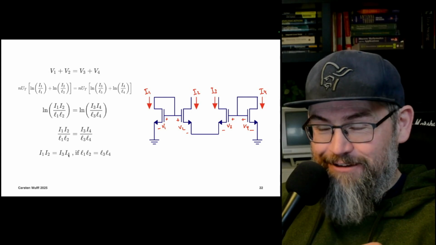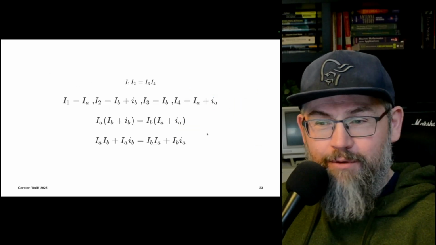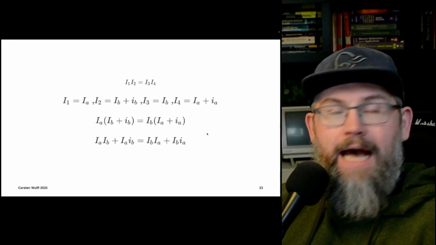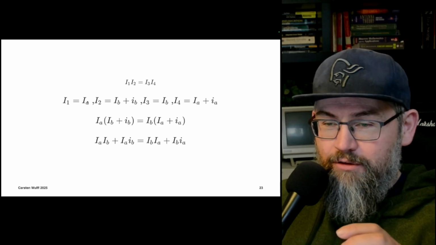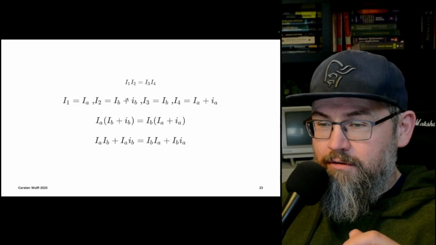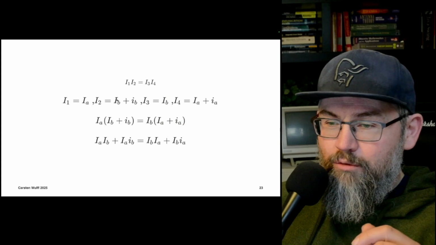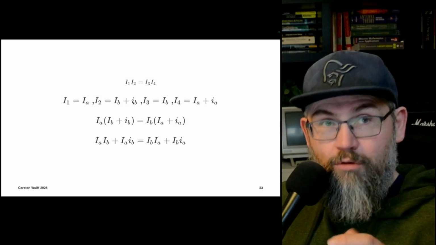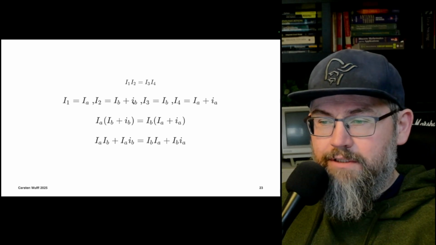So let's take that equation and see what happens when we add an input current and an output current. In this case, I'm renaming. So call I1 just IA. I2, so that's my I2 here, let's call that IB plus a small current, so something that doesn't really change the operating region of the transistor.